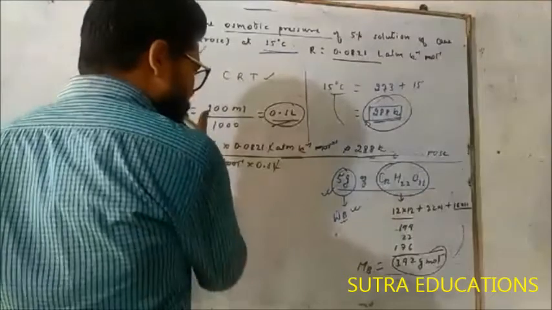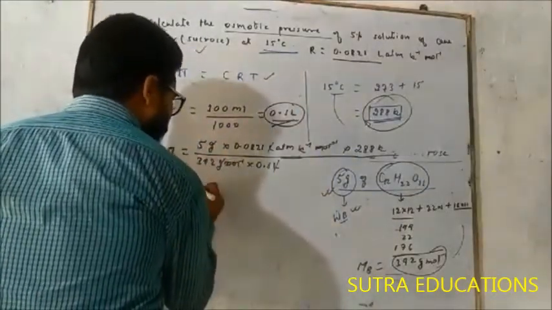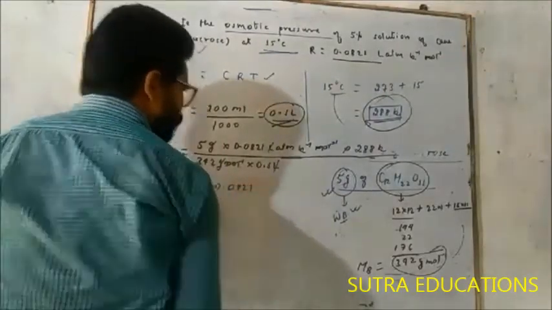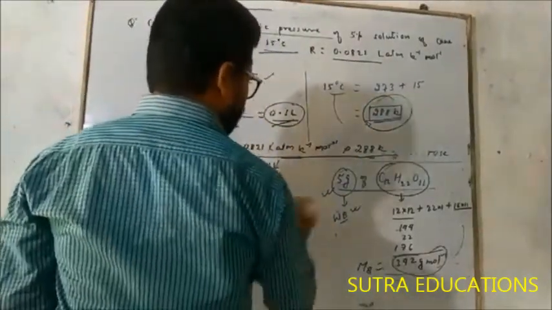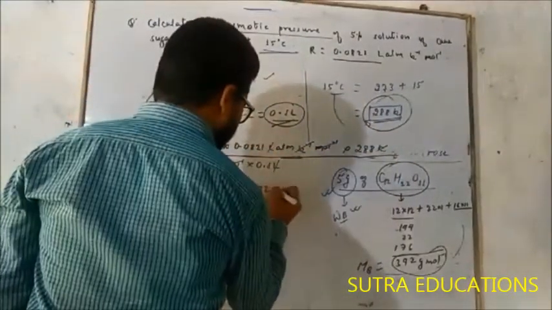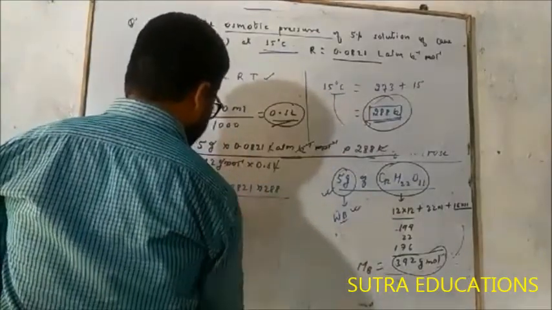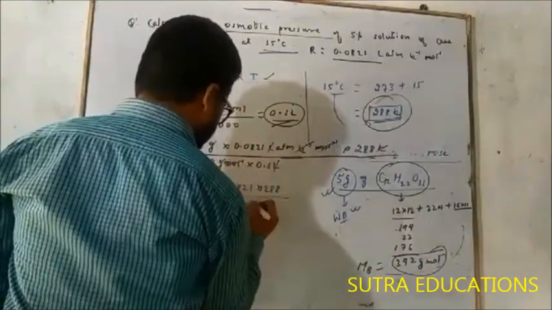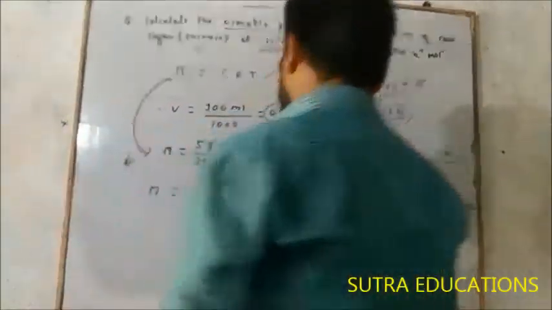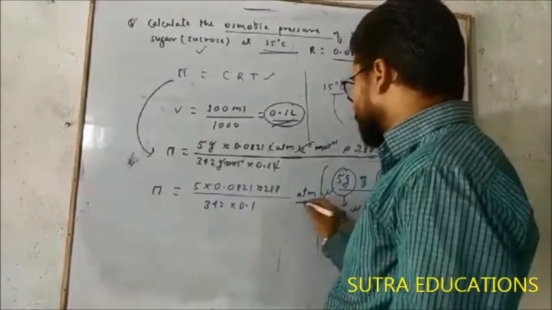So we will get pi is equal to 5 into 0.0821, into 288 upon 342 into 0.1 atm. K inverse and K will get cancelled. Pi is osmotic pressure, so obviously we are going to get it in atm.